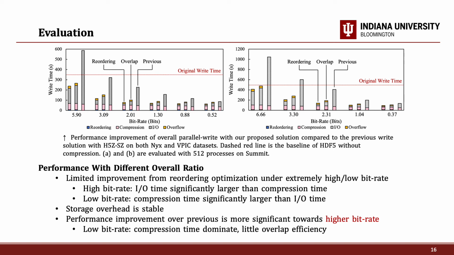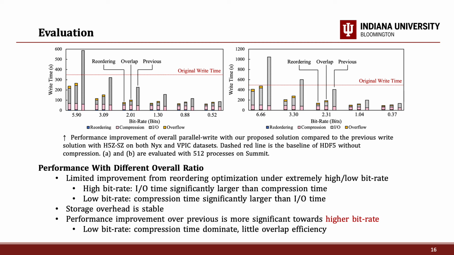So this figure demonstrates that when we use different overall ratios, the performance improvement compared to our solution and the previous solution. And in these figures, the red dotted line is the original write time. So we find that there is limited improvement from reordering optimization under extremely high and low bit rates, which for both cases is because the I/O time and the compression time are extremely imbalanced.